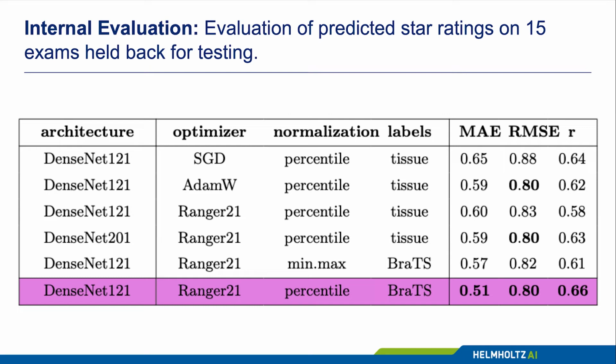It turns out the training runs are quite robust concerning these hyperparameters as all models achieve comparable performance. Nevertheless, a DenseNet 121 trained with Ranger 21, percentile-based normalization, and BRATS encoding achieves the best fit on the test set.